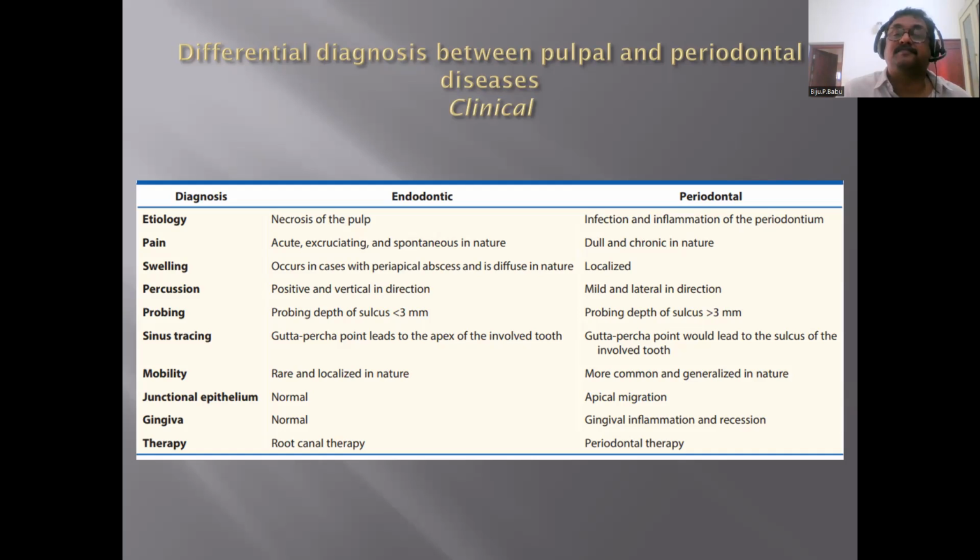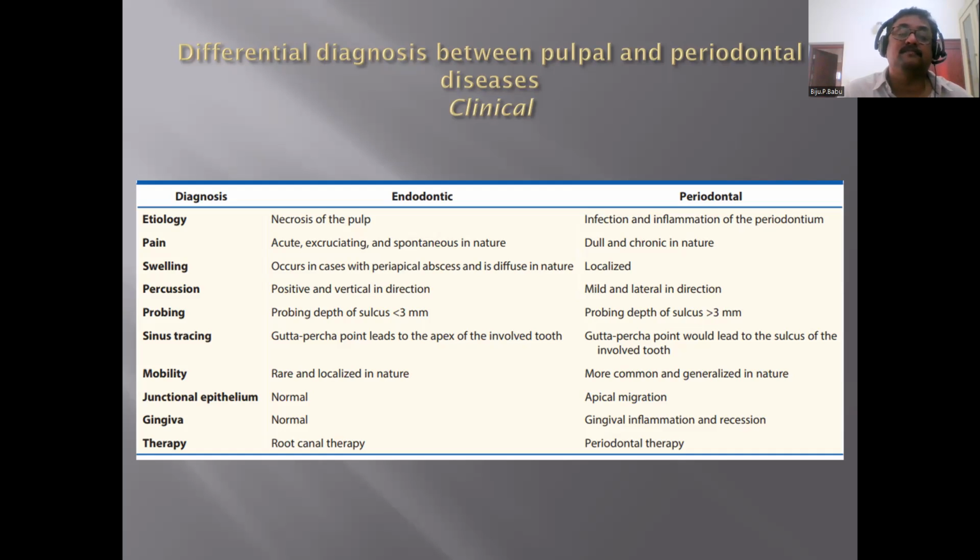But in periodontal, usually the pain is mild, but you have pain when you percuss it in the lateral direction, because there is bone involved. There's a bone defect. So when you percuss the tooth in the lateral direction, you may find a mild amount of increased mobility and pain.